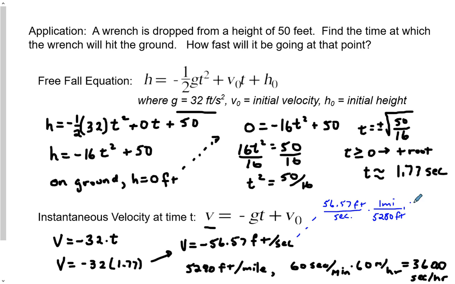And 3,600 seconds divided by 1 hour. Doing the unit analysis, the seconds divide out, feet divide out, and we're left with miles per hour. And when I work this out in my calculator, I get approximately 38.6 miles per hour. Ooh, that's a pretty fast hit for 50 feet.